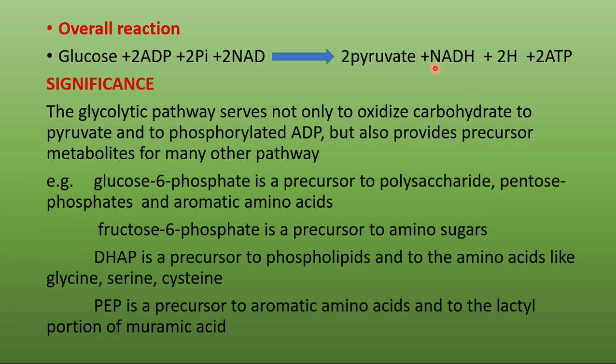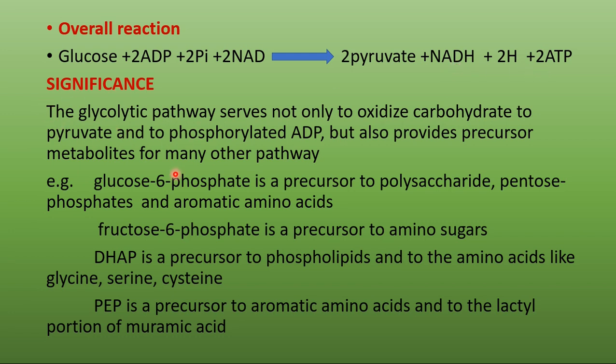Okay, so here is 2, here is 2, here is 2, here is 2. So overall how many pyruvates were synthesized? 2 were synthesized, isn't it? So remember, from one glucose molecule we had the synthesis of 2 pyruvate molecules, 2 NADH, 2 ATP molecules.